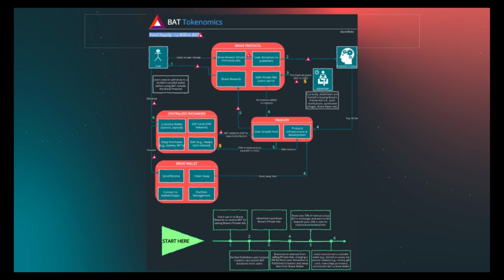And the program that distributes the rewards is called Brave Rewards. So users will get their BAT whenever they are watching ads. I'm going to explain a little bit more how you can forecast whether you're going to receive more or less depending on the month. It obviously depends on your usage, but depends on some other factors as well.